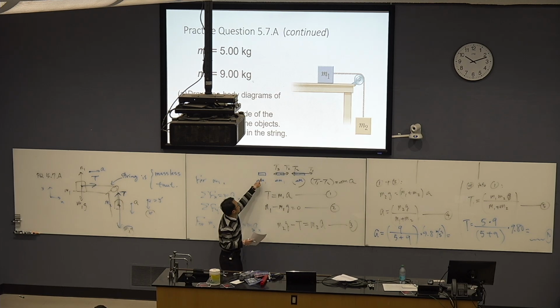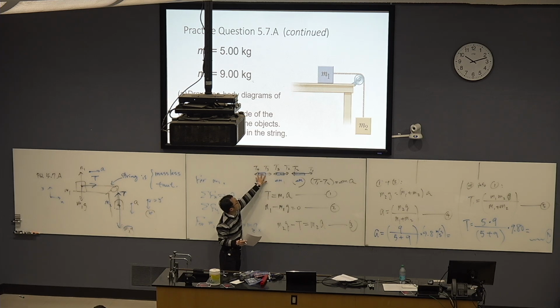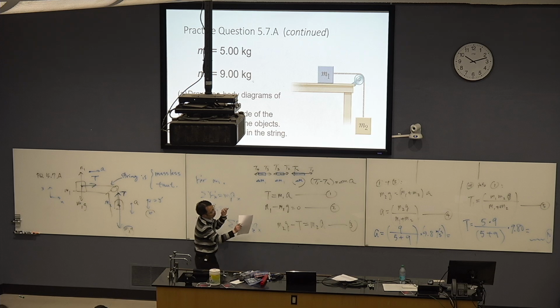Similarly, here there's a T3 and a T4. So if the string is massive, and you analyze the two ends of each segment, the tension shouldn't be the same, because F equals ma.